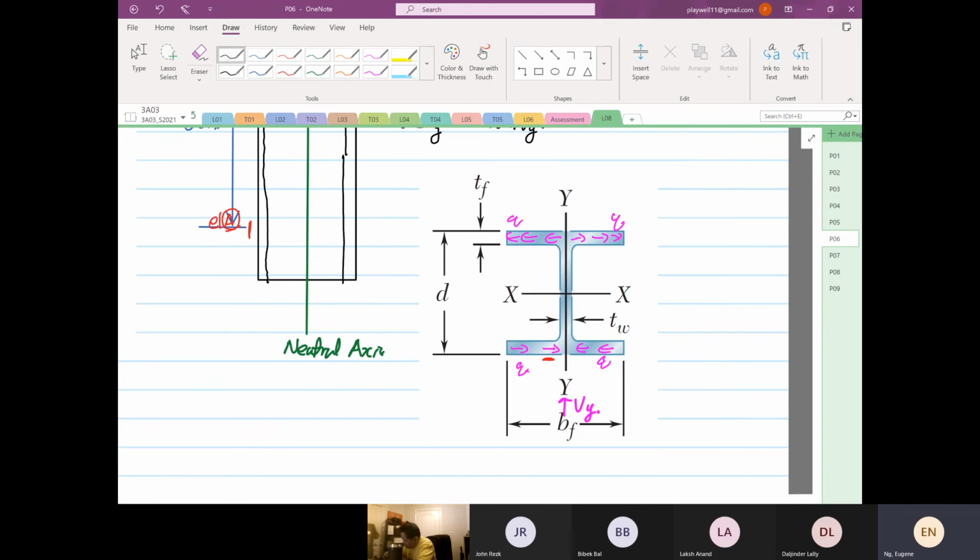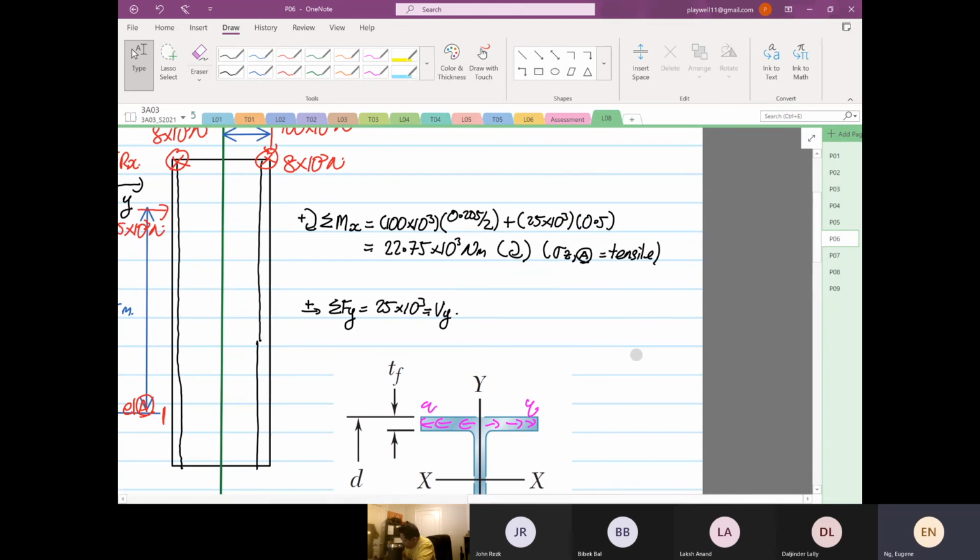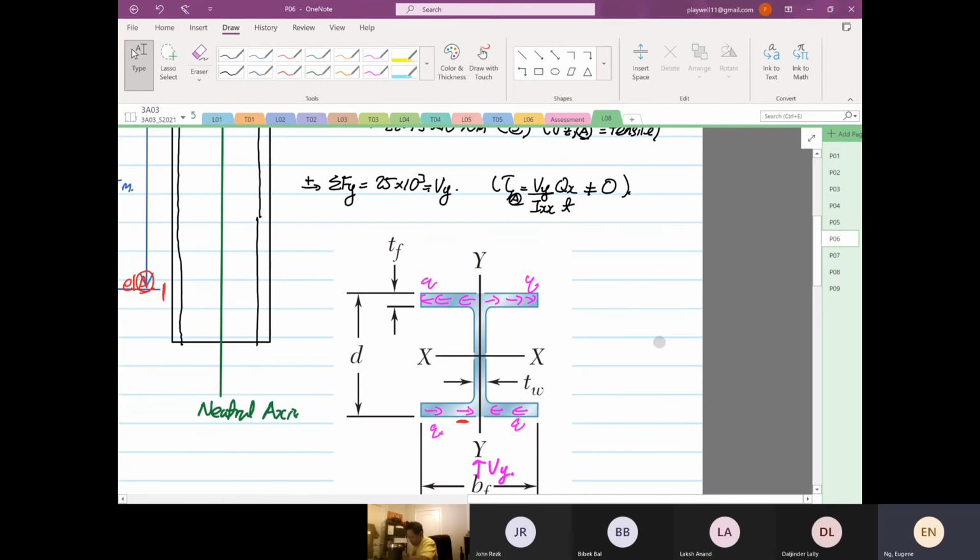So we know that the shear, which is equal to Vy over Ixx, Qx divided by t, is not equal to 0 for element A. It will not be equal to what? 0.